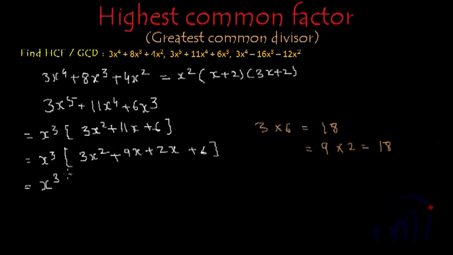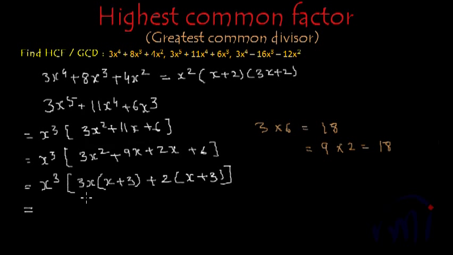And now I'll write x cube as it is, and from these two terms 3x can be taken common, and inside the bracket we will have x plus 3, right? And from the next two terms we can take 2 common, and again inside the bracket we will have x plus 3, right?